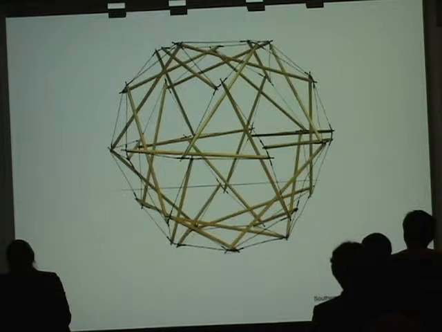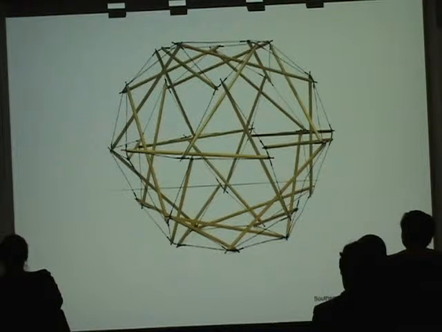Now, I'll give you a very quick example of how vector equilibrium, which is the simplest unit, is the primary unit of the system that I'm trying to describe. If you take a single sphere and surround it by the minimum number of spheres that will be stable, there will be 12 spheres surrounding a single sphere.